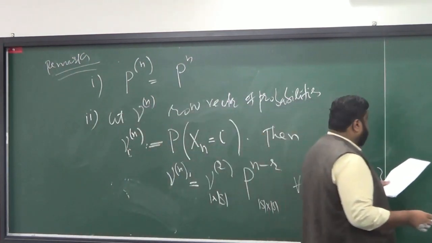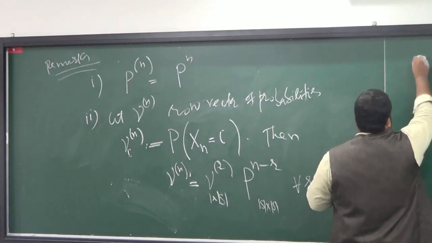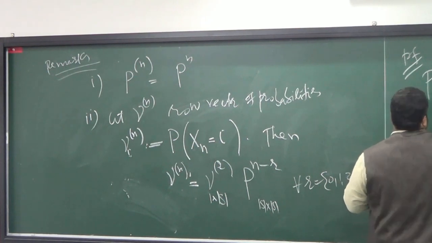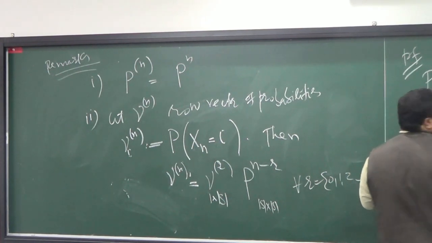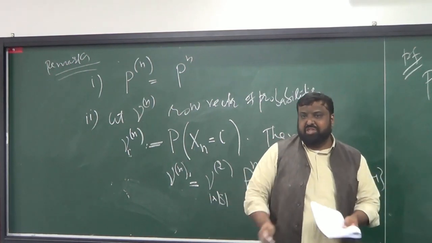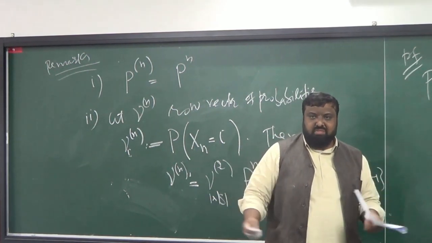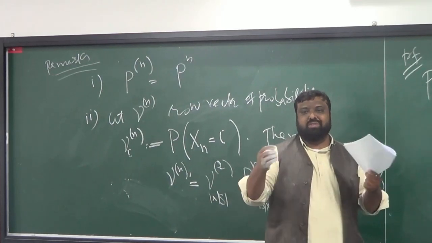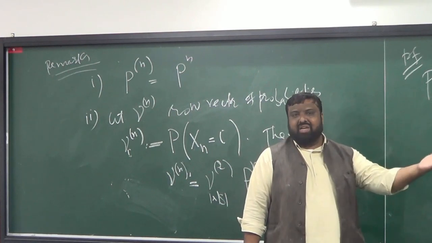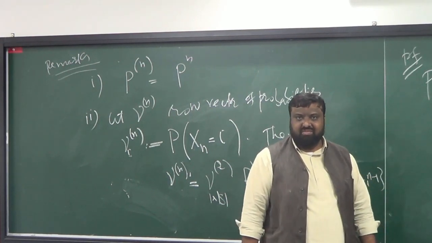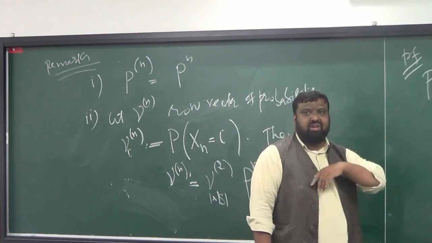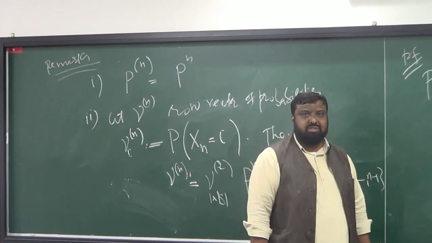How can I show it? Like a proof. See, what we are doing is trying to fetch maximum information about the Markov chain and its states by simply looking at the transition matrix. We are trying to suck everything out of the transition matrix.